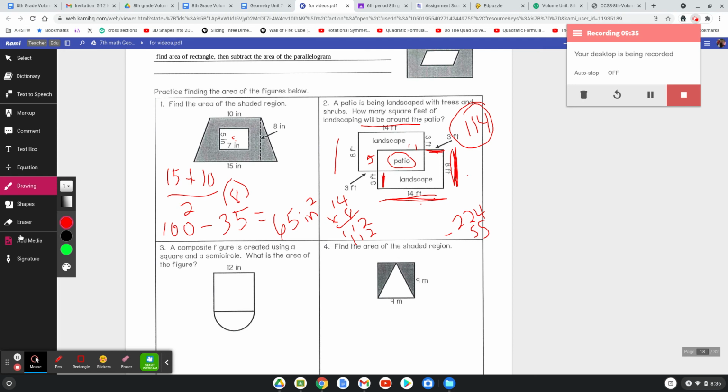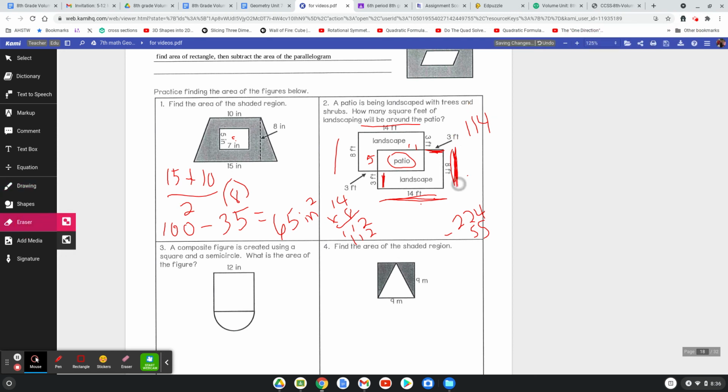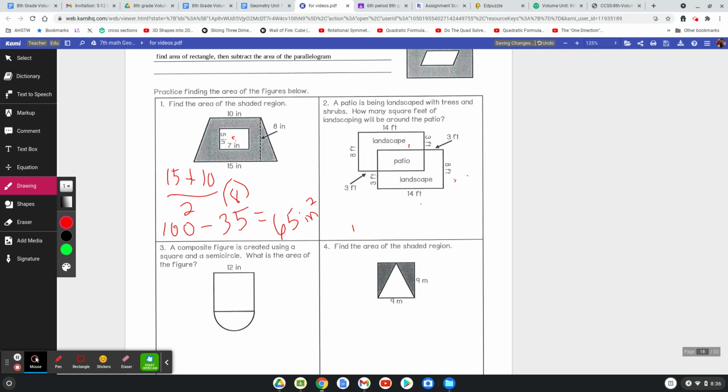So I'm going to erase all that. And what I see now is if I draw a line here, I'm cutting this figure, and I'm going to do 14 by 3 to get this space right here. So 14 times 3, which is 42.